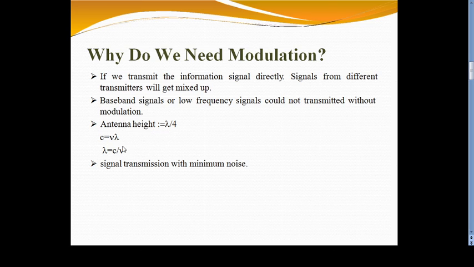We also use the relation between wavelength, velocity and frequency of light. So the need for modulation is due to the basic reason that the baseband signal operates at a very low frequency, so that the signal is transmitted with minimum noise. So that is the need of modulation.